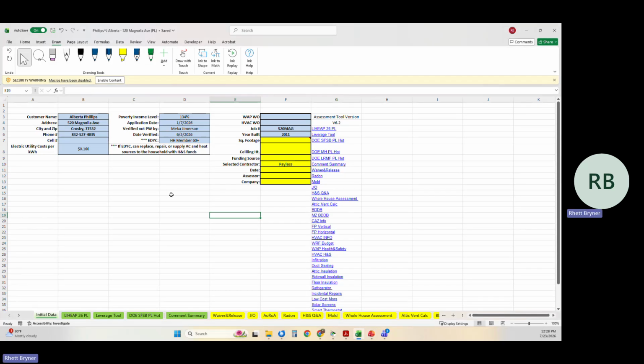All right, so this first tab at the bottom here is called Initial Data. This is just your very basic information for the report. This is important in that the information on this tab is shared throughout the entire document. For instance, this Alberta Phillips here is the customer name.